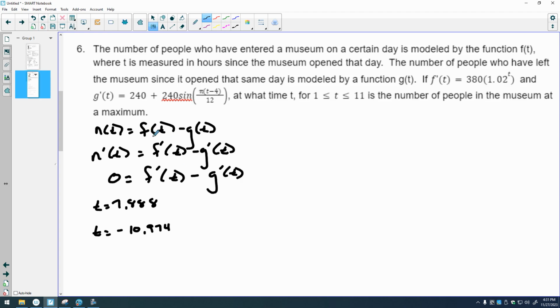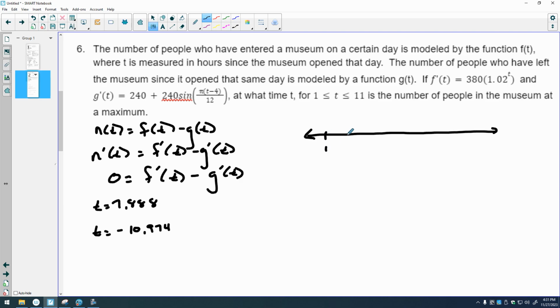There is no function for f of t and g of t, so I can't use the extreme value theorem. I can't do the whole check endpoints and critical values because I have nothing to plug it into. So I'm going to have to do a little interpolation, because I'm inside the interval, or a little interpreting my data. I'll show you what I mean in a second.